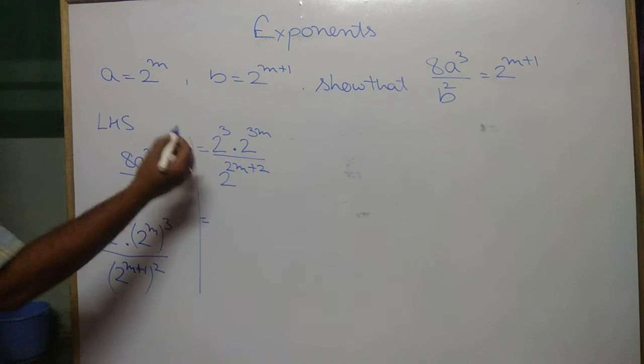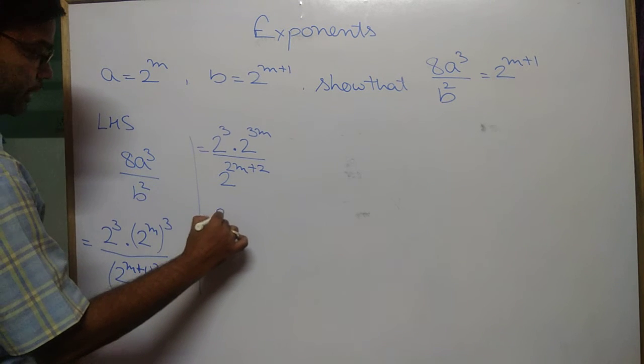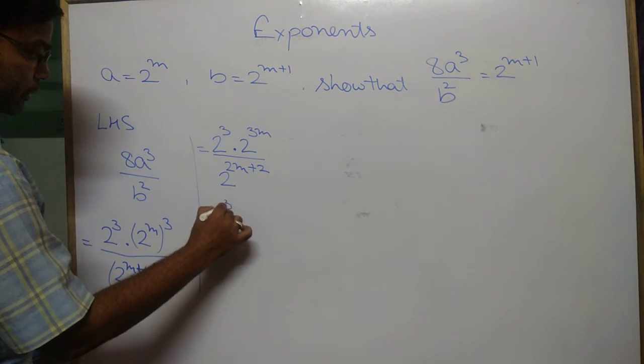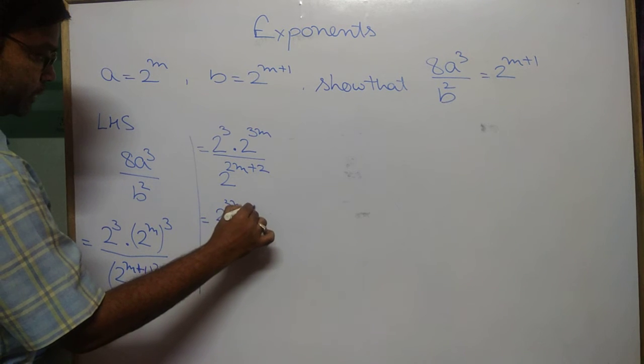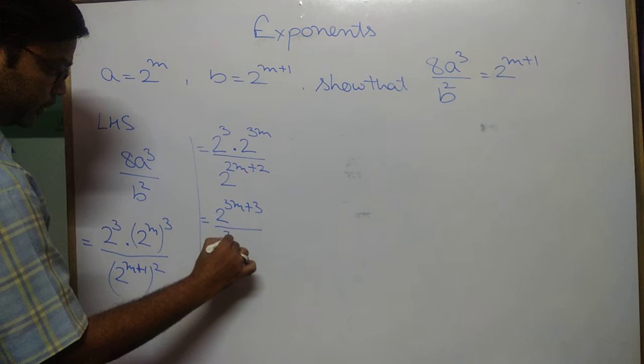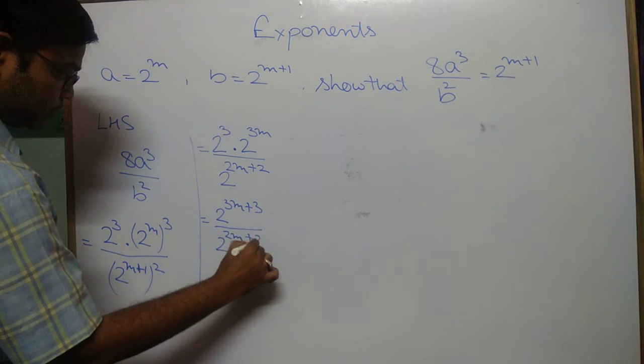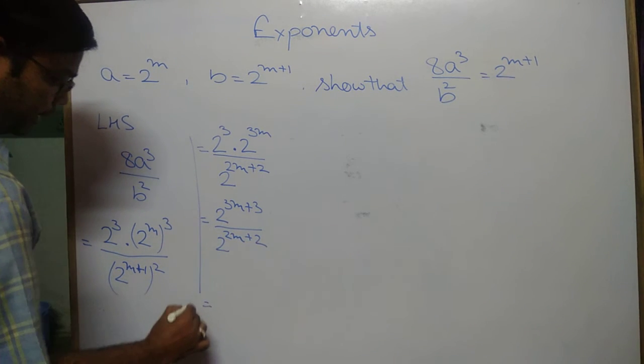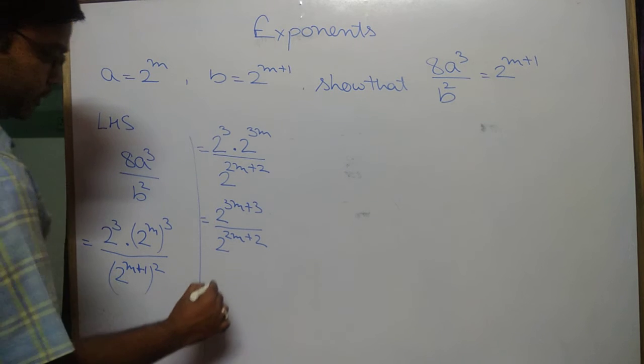Now the base is the same, so 2 to the power 3m plus 3 by 2 to the power 2m plus 2. Ultimately what can we write? See this side.